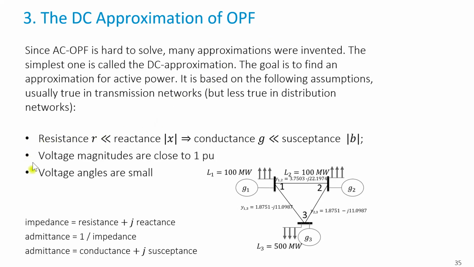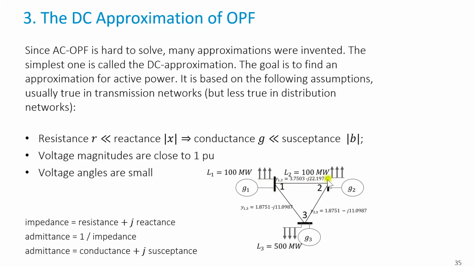Also, two additional assumptions: that the grid is operating in a regime which is close to nominal values, meaning the voltage magnitudes are close to 1. Of course, this is not always true. If the grid is collapsing, your voltage will perhaps be 50%, but then when that happens, typically your grid will not survive very long. So that's not the steady state. So that assumption is done. And the voltage angles are small because also here, as we have seen, the voltage angle differences are proportional to the power flows.